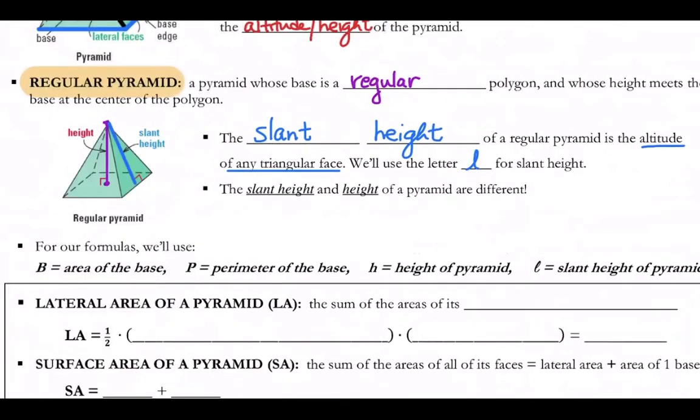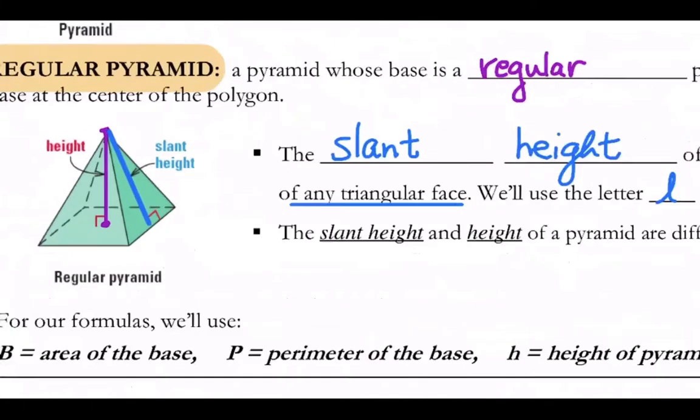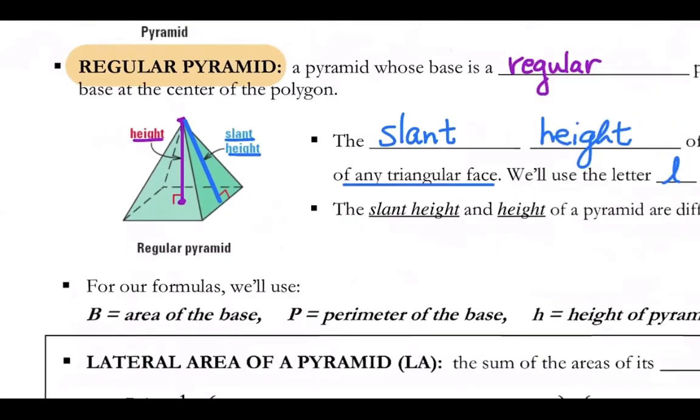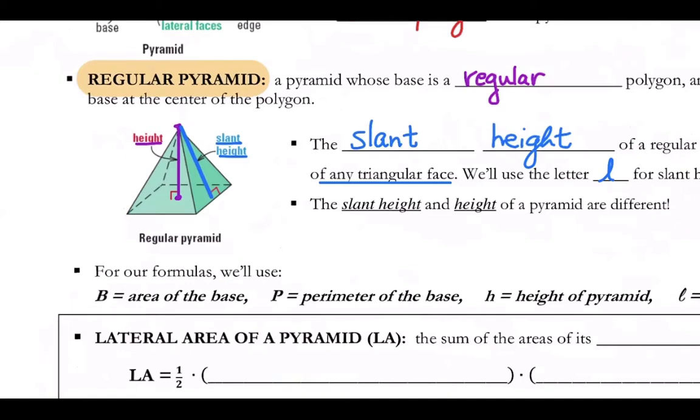Okay, so again, the height and the slant height are different. The height is what you see in purple. What you see in purple there is the height. That's how tall the pyramid is. The slant height we're going to be using because it gives you the altitude or height of each of the triangles on the lateral faces.